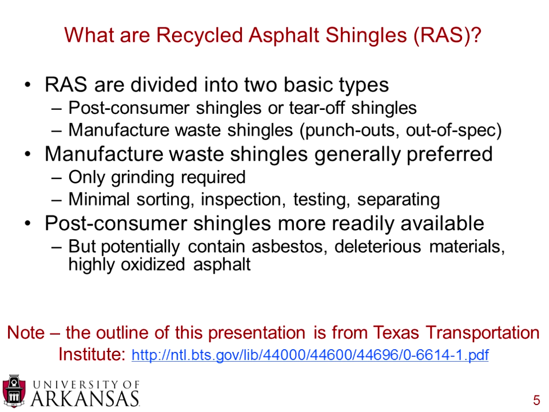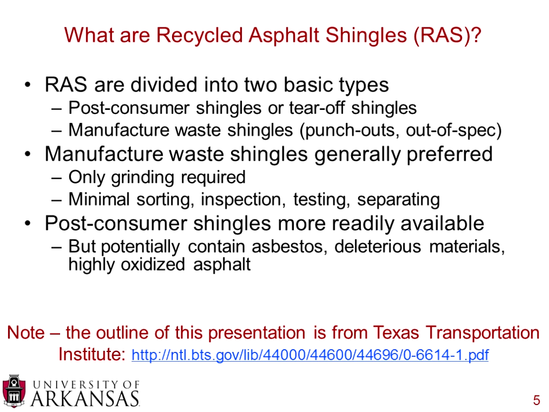That can be another form of manufactured waste. In general, manufactured waste shingles are preferred because there's only grinding required. You have minimal sorting, inspection, testing, and separating. And also you tend to get a more consistent product. That's another benefit to having the manufactured waste shingles.